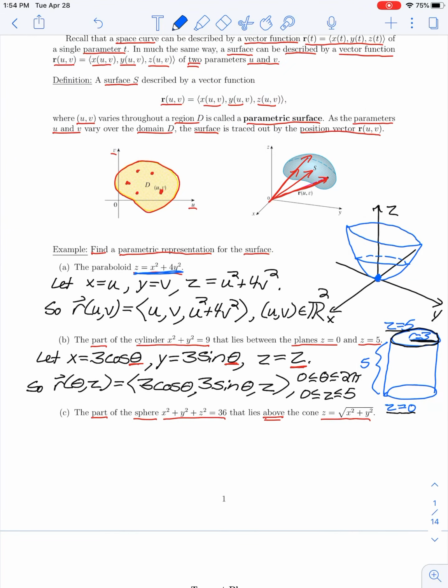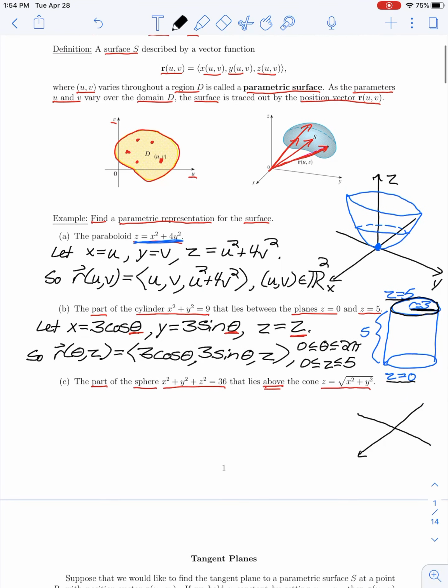So we're looking at part of a sphere which lies above a cone. Let me maybe start by drawing my axes so we can visualize this a little more precisely. So in space, we have our x and y axes, and then a z-axis.